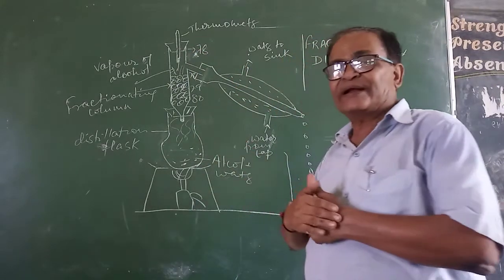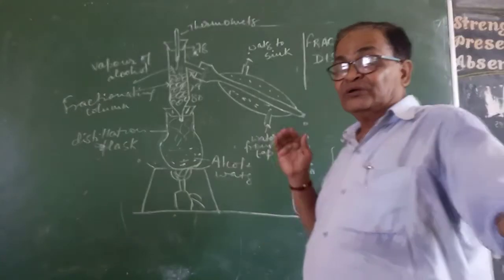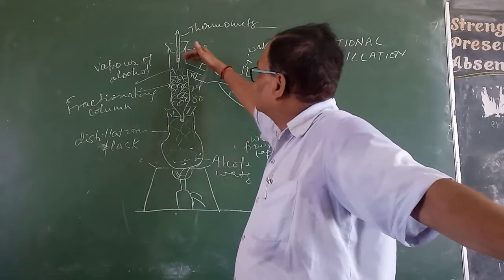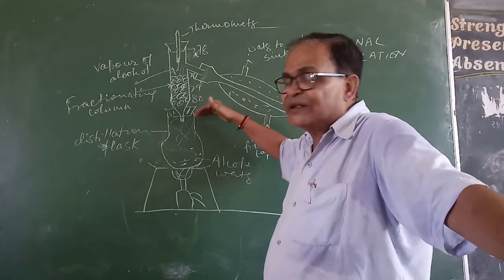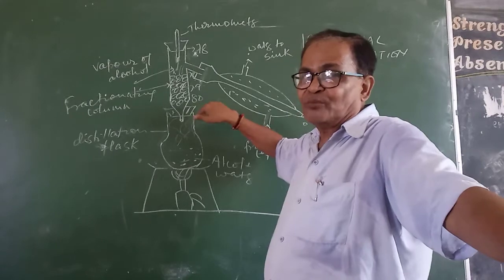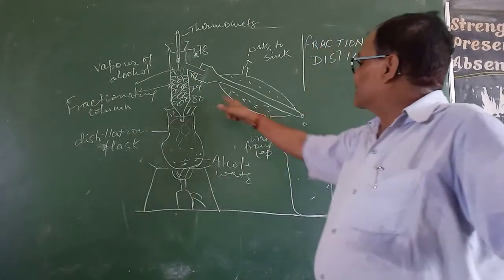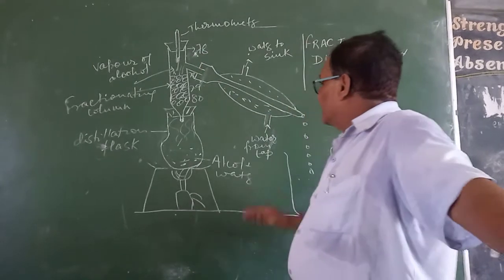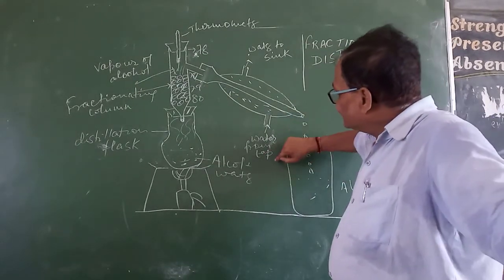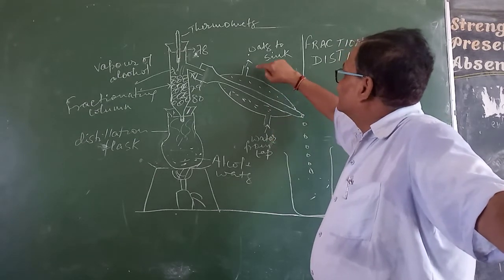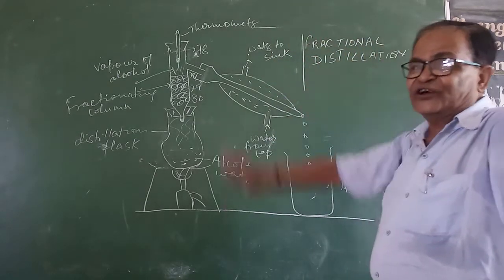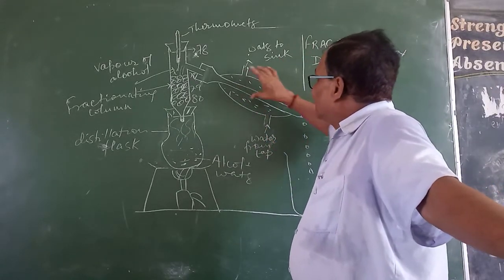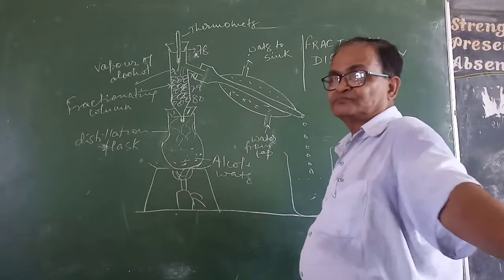Fractionating column is an arrangement in which the lowest temperature is maintained at the top and the highest temperature is maintained at the bottom of the column. A water condenser is attached to the fractionating column, in which water is supplied from the tap and is released in the sink to reduce the temperature of this zone.